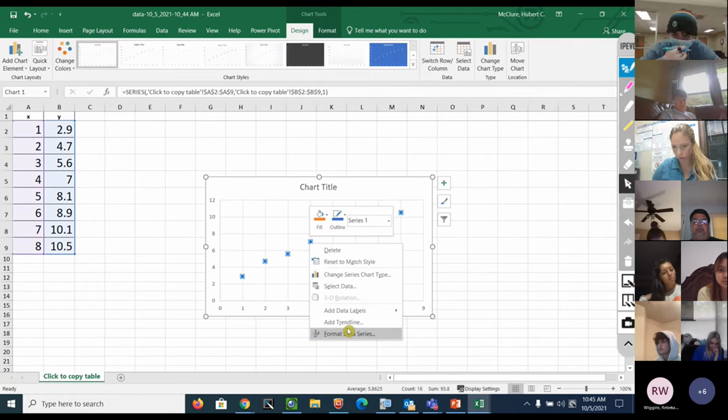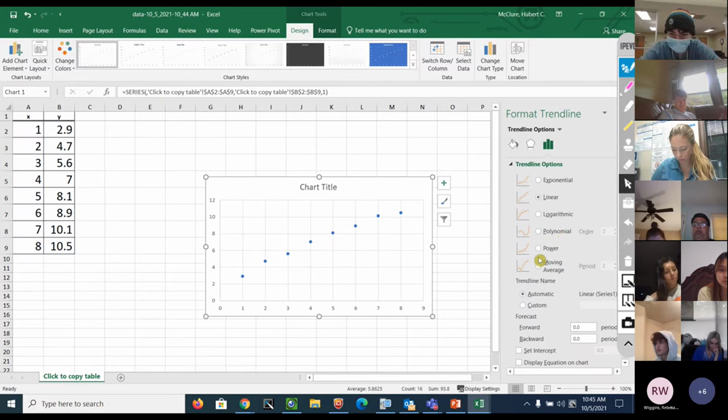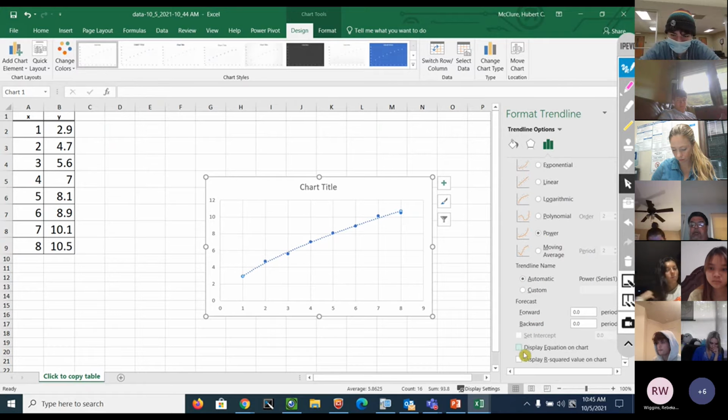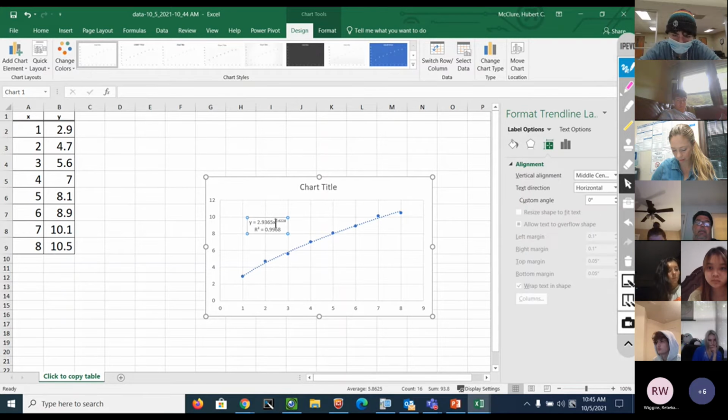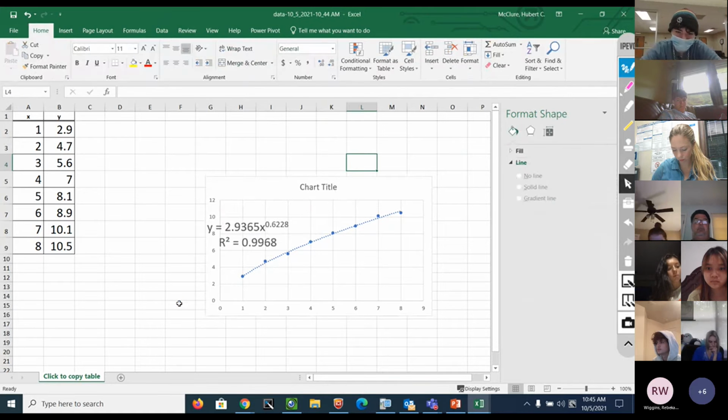They want a power function, add trendline. There it is. And display. You can see these things don't take long. And I'm going to write that down as y is equal to 2.9365 x to the 0.6228.